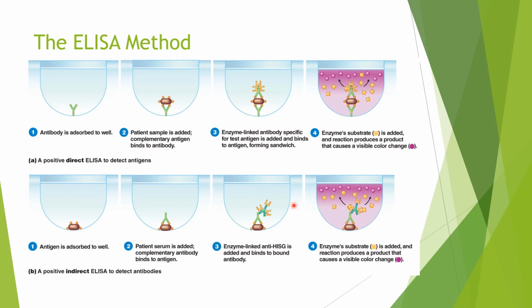And so therefore, no color change is going to take place. And that would confirm that the patient doesn't have the antibody. This is how we can confirm whether the patient has indeed that bacterial infection or whether they do not.